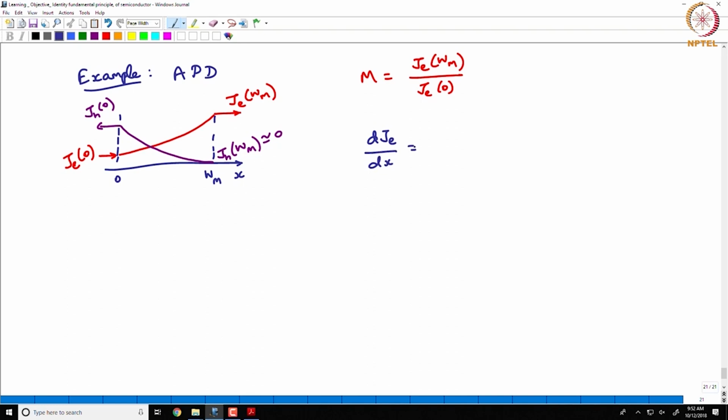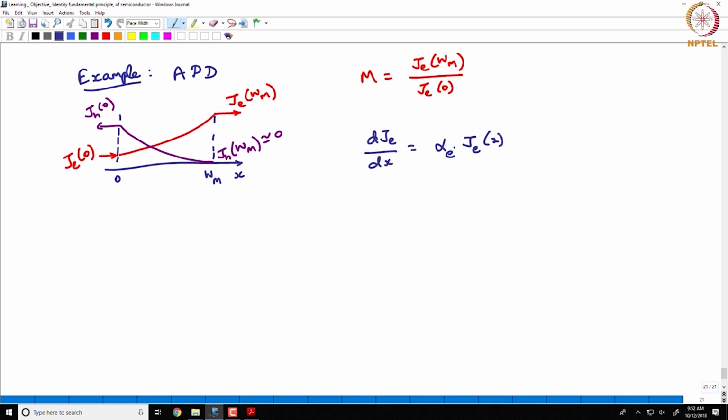Okay. So what is contributing to this? There could be impact ionization due to electrons. Okay. So you have alpha E corresponding to the impact ionization coefficient for electrons multiplied by JE of x, right?